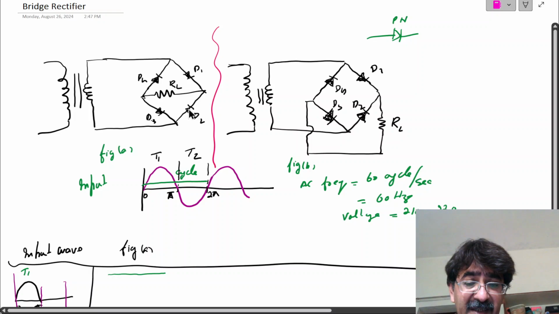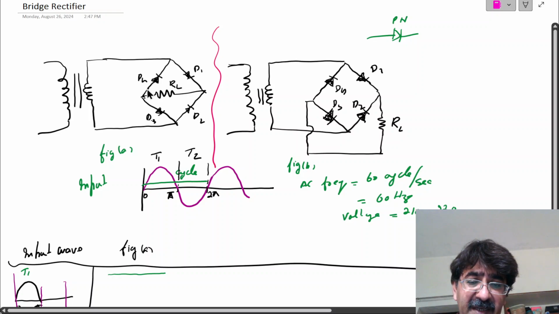The P part is at a low value, because the incoming AC wave is positive. So D2 will be treated as an open circuit, and no current or voltage will pass through diode D2. Instead the current goes through the RL, and then moves toward D3.